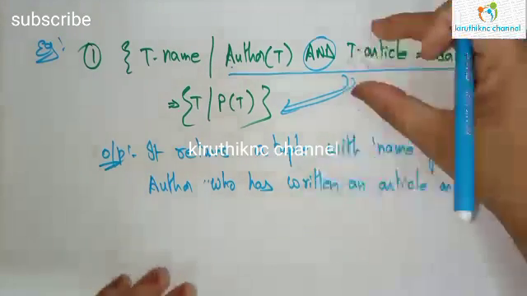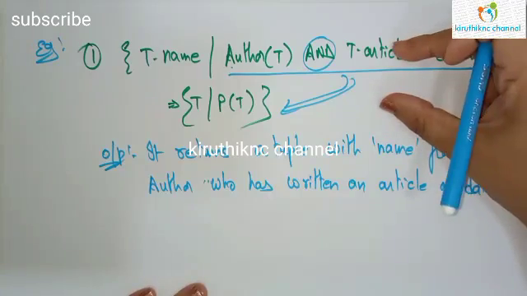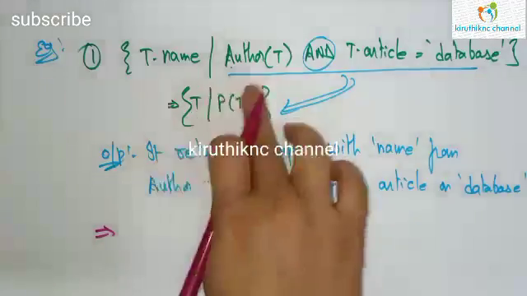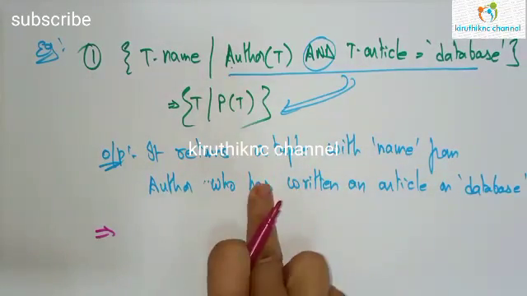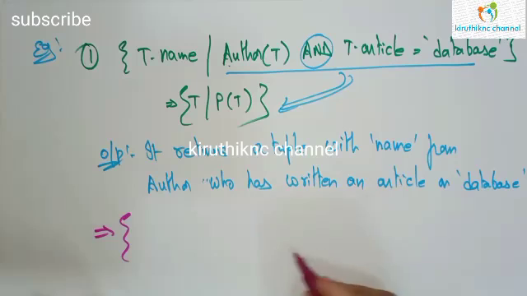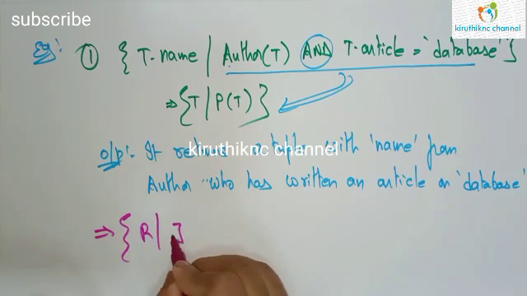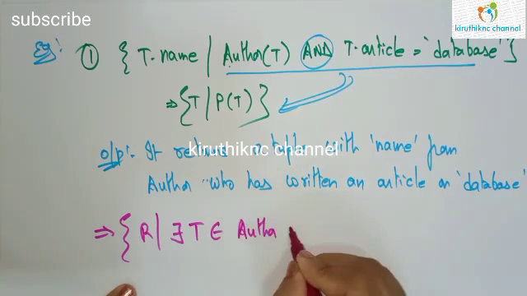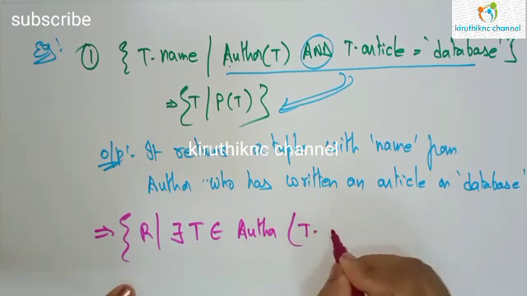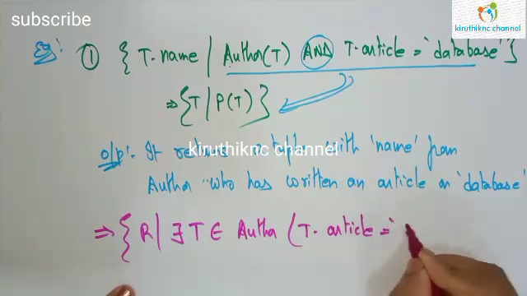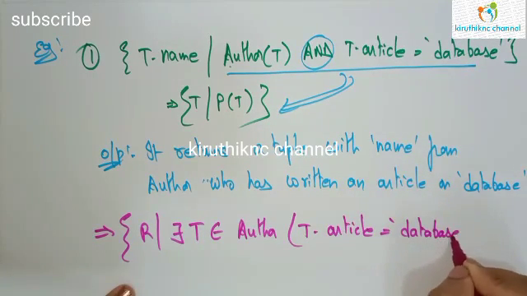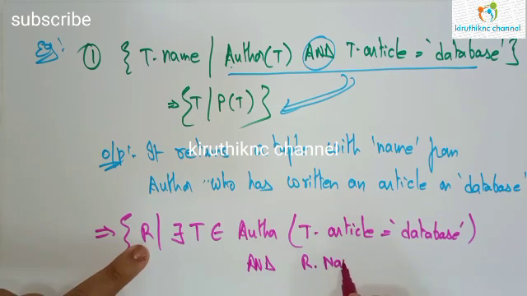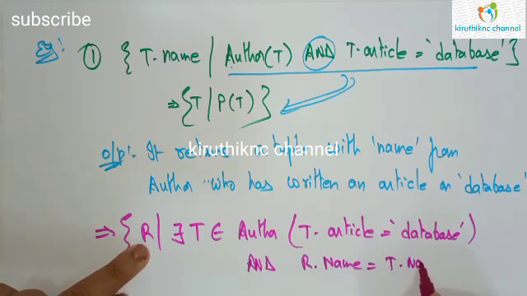So this same tuple relational calculus expression, I can also represent by using the quantifiers. You will get the same output. The same expression can be represented using quantifiers like this: there exists a tuple R which belongs to the author table, where the condition is T.article is equal to database, and R.name is equal to T.name.